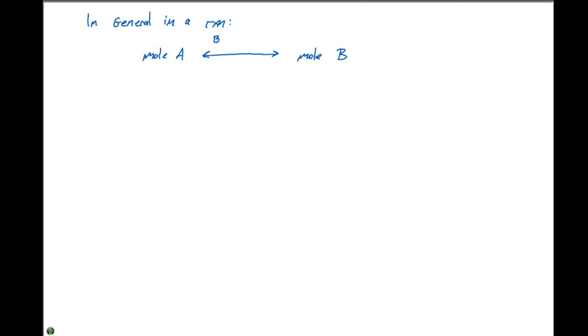And the balanced chemical reaction is going to allow us to do this, just like we did in that previous example. We can also convert moles of species B to grams of B, and we can do this by using the molecular weight. We can convert from grams to moles and from moles to grams.